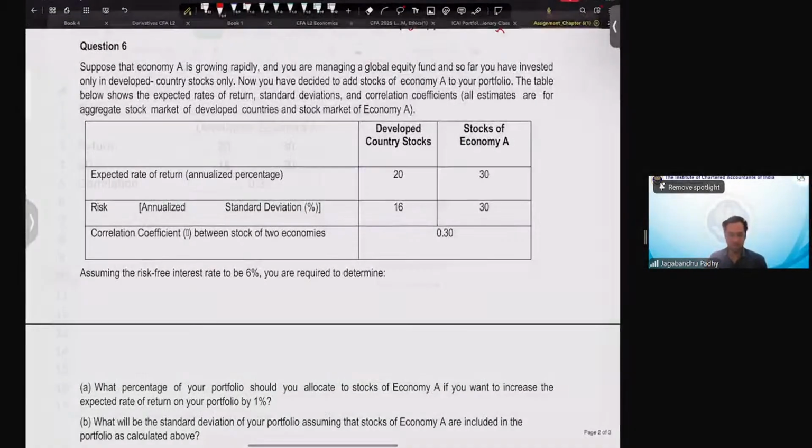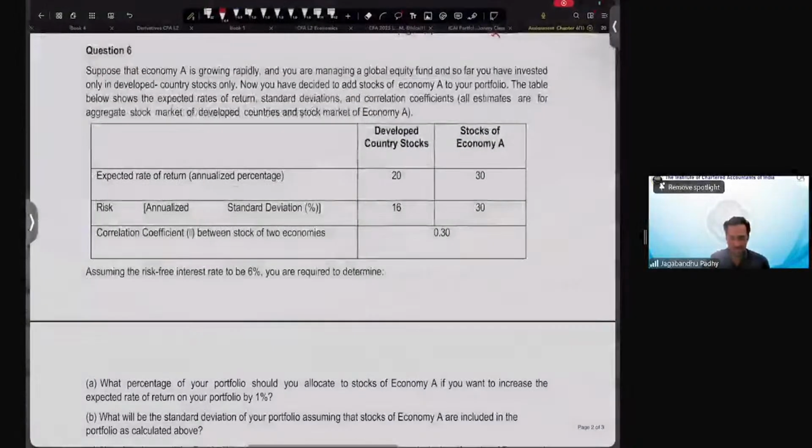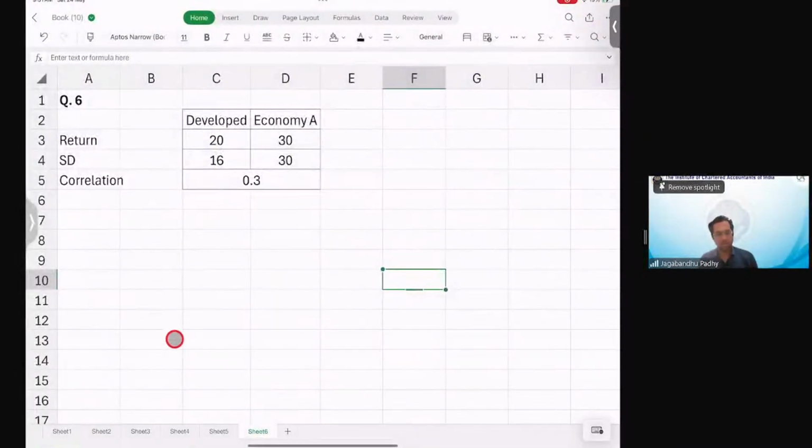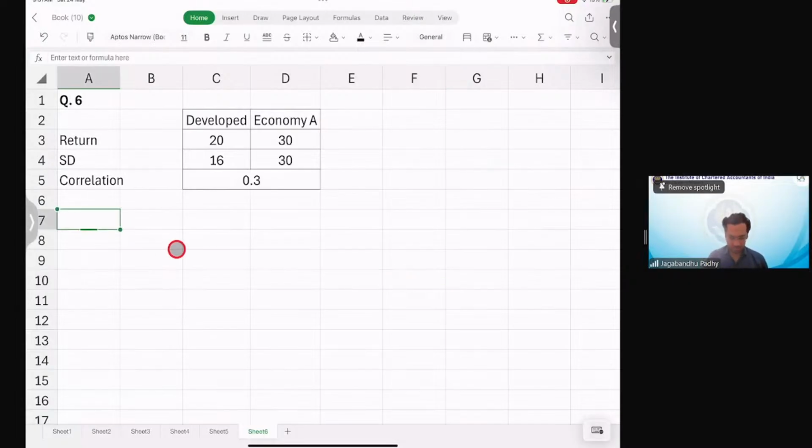Correlation coefficient is 0.3. Assuming the risk-free interest rate to be 6%, you are required to determine what percentage of the portfolio you should allocate to stocks of economy A if you want to increase the expected rate of return of your portfolio by 1%. So what is your expected current portfolio return?